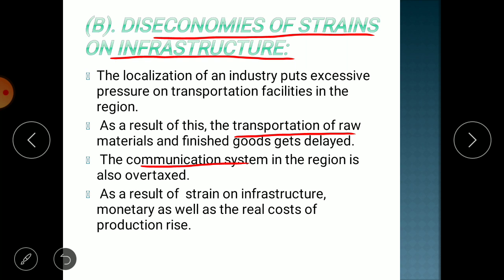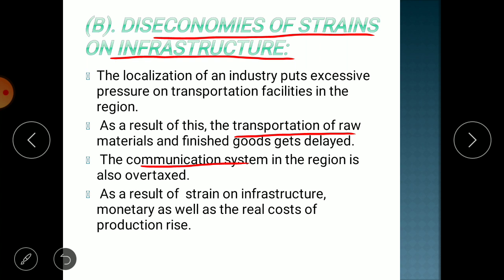Then you can take the example of electricity. You know that even the PGVCL is providing for the industrial unit that up to a limit, if you use electricity, there is a lesser charge. But if you go beyond a limit, even per unit rate will increase. So beyond a limit, if you increase your production, your electricity bill will increase.